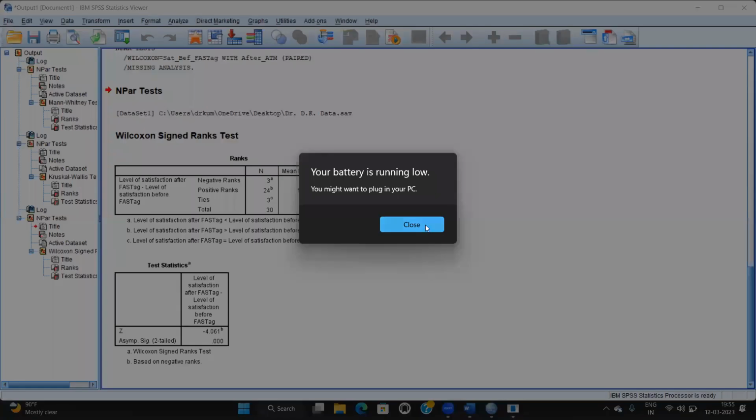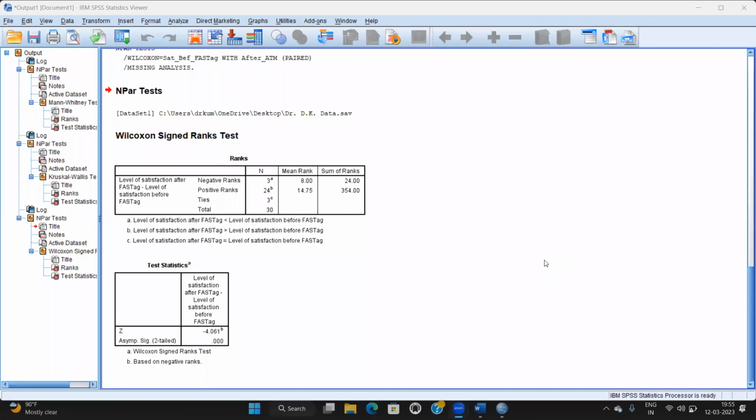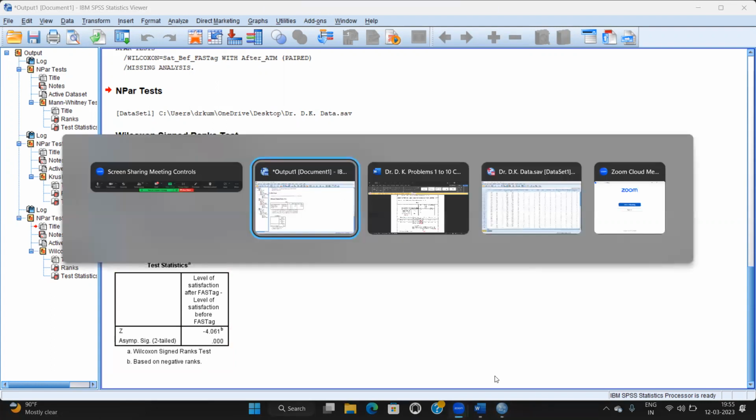We take the P value as usual. What is the P value here? 0.000.